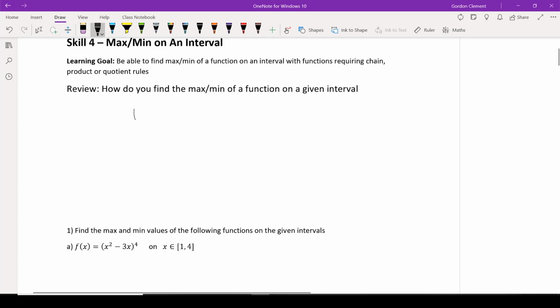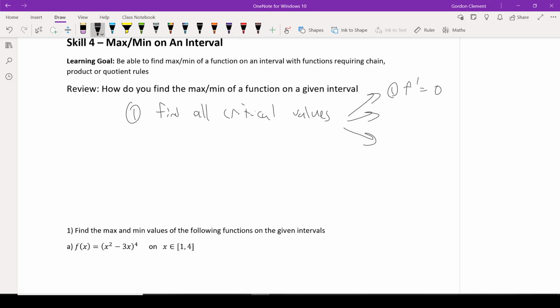So just as a recap, we're going to find all critical values of the function. And critical values for us are going to be where the derivative is 0, where the derivative does not exist, and our two endpoints, sorry.